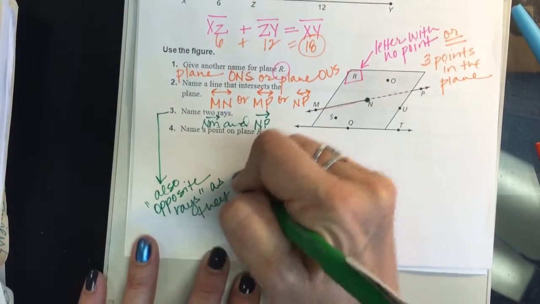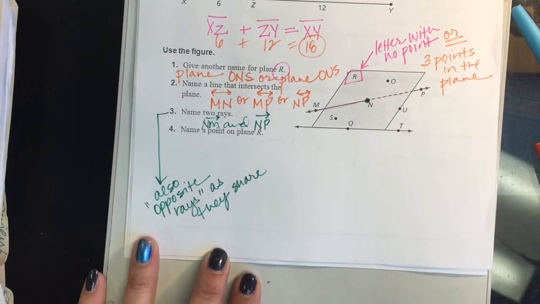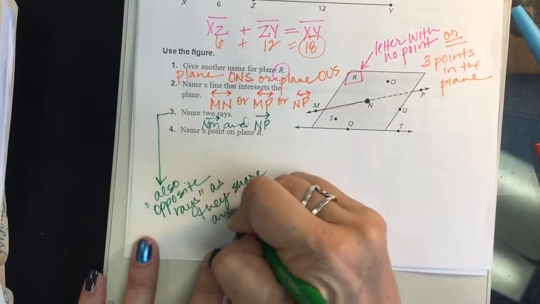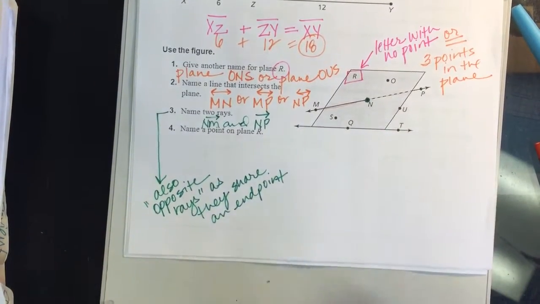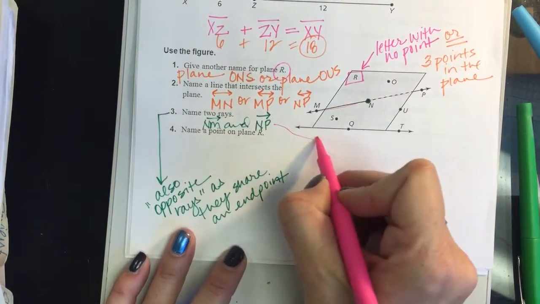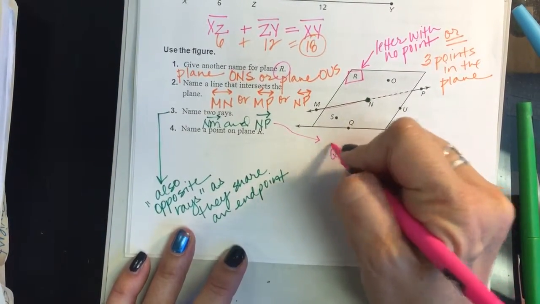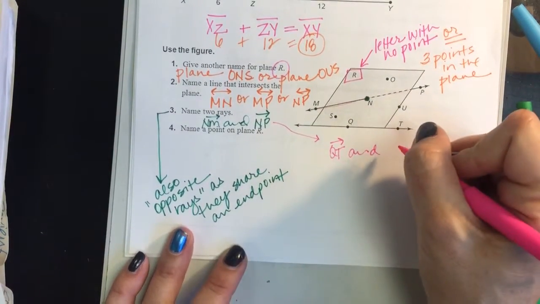Go ahead. You know what? QT would work. She found one. QT would work. What did you put with QT? I put QT with the ray sign above it.